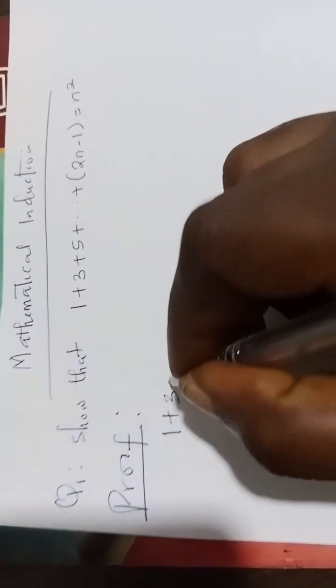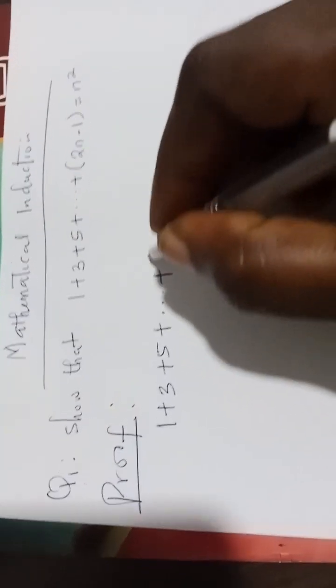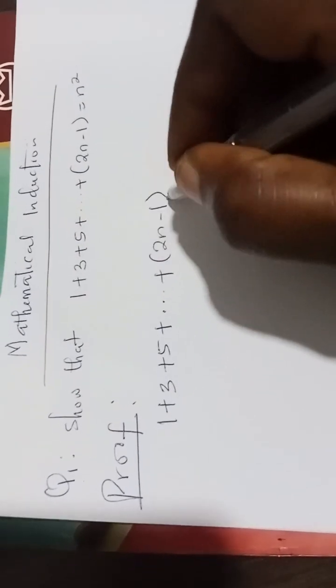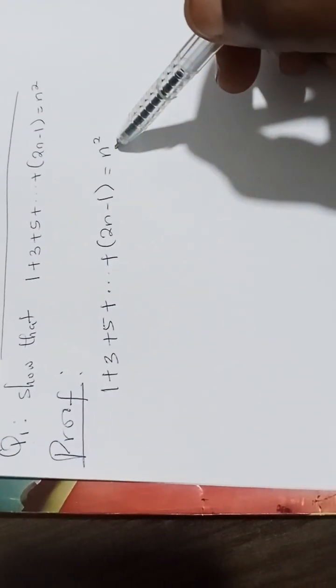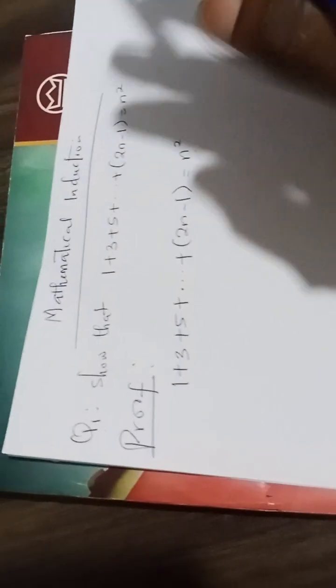Now, first of all, I want us to know that 1 plus 3 plus 5 plus up to 2n minus 1 equal to n squared is showing us the sum of all the terms for any value of n. So we are required to prove this by mathematical induction.